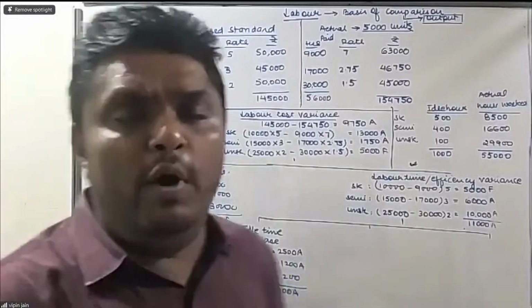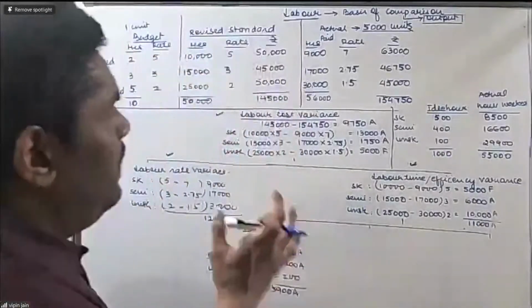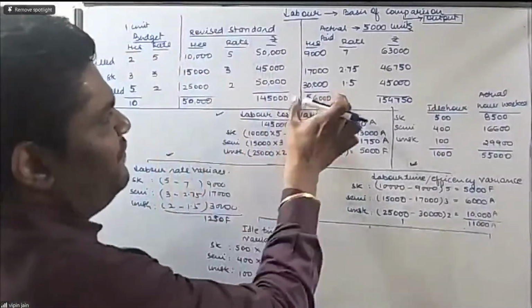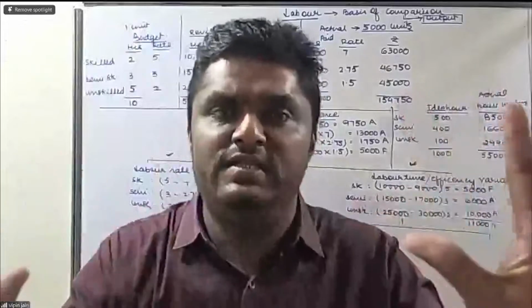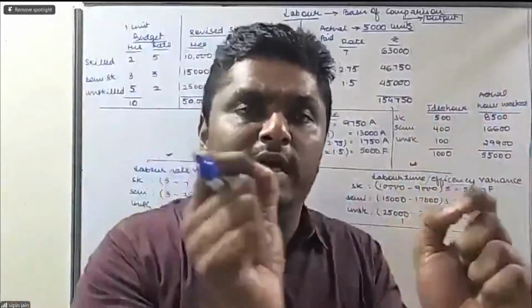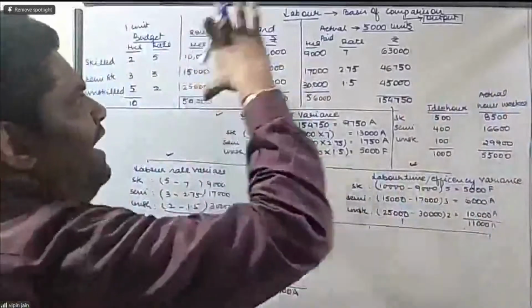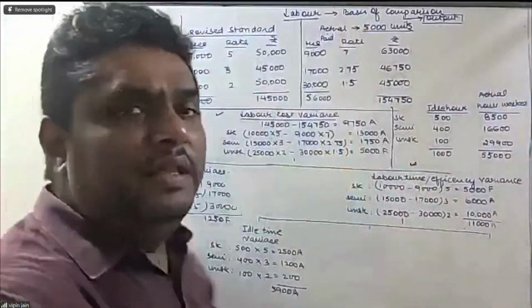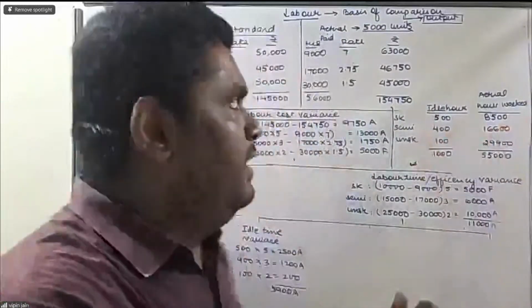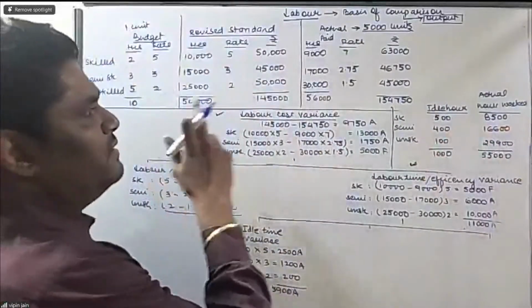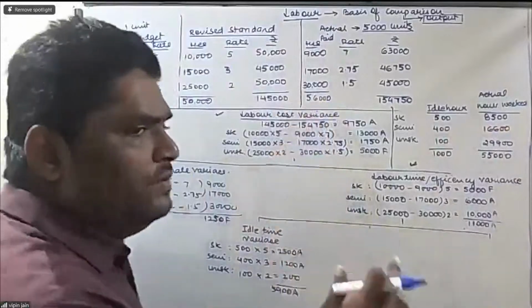Now, guys, very important. See, overall, there was a difference of 50 and 56, that is 6,000 difference. Overall difference between the budget and the actual hours paid was 6,000. We were supposed to complete in 50,000 hours, but we actually took 56,000 hours.